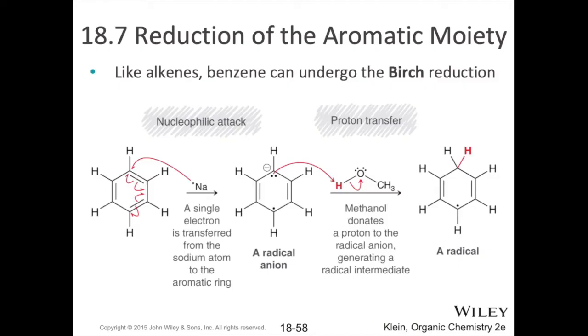Sodium contributes one electron, does a single electron transfer, and converts your benzene into a radical anion. Notice that we're using fishhook arrows here, and so our pi bonds split up and move accordingly.